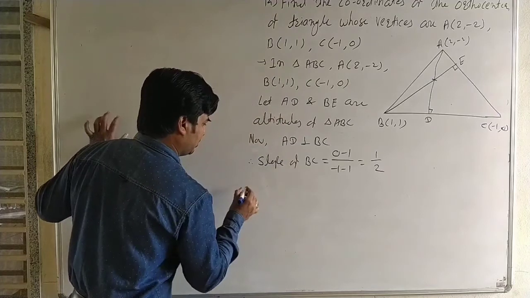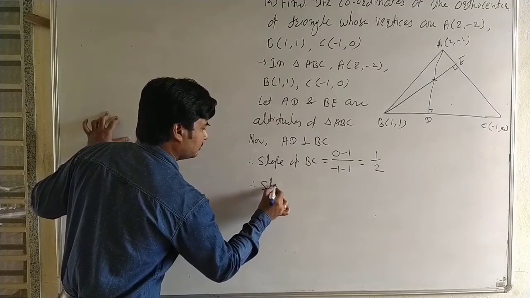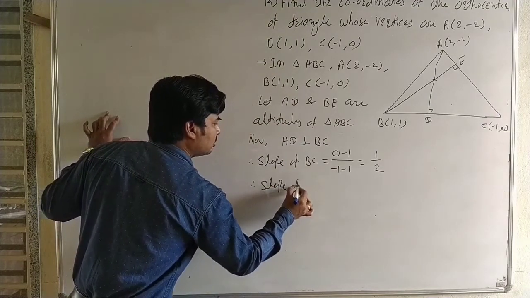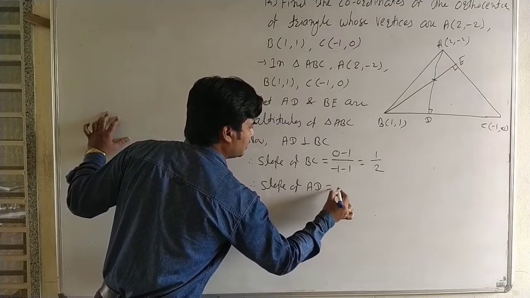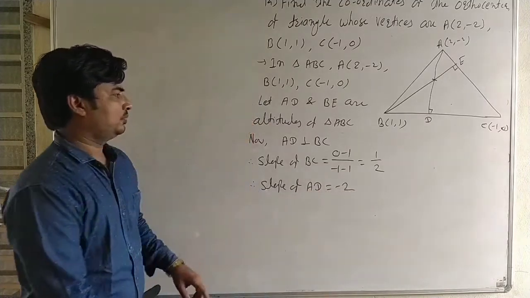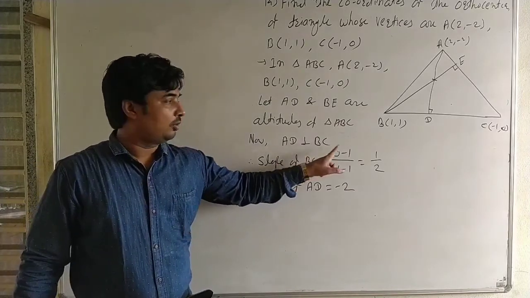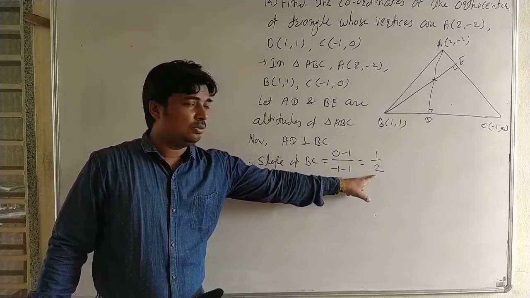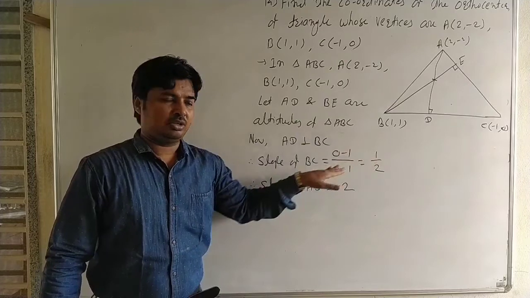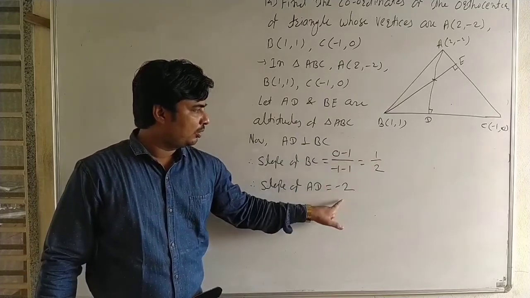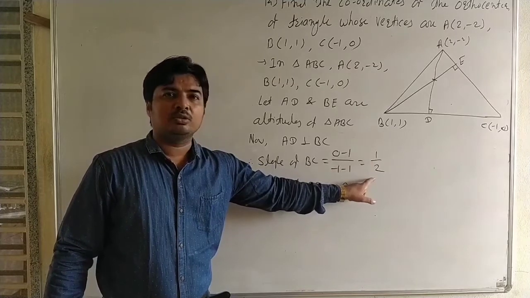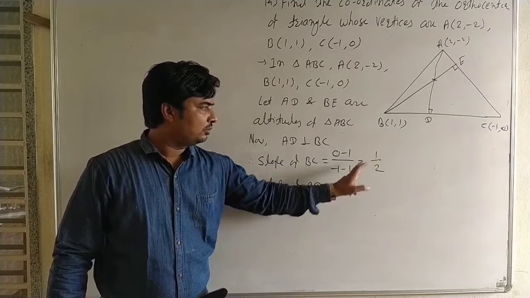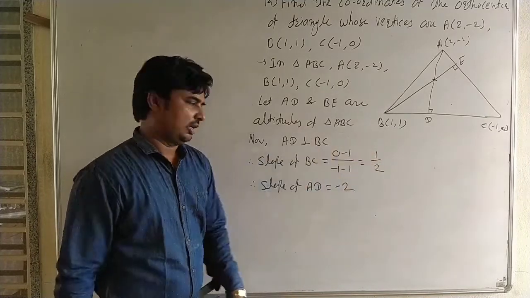Therefore the slope of AD is -2, because AD and BC are perpendicular: taking the reciprocal and changing the sign, the product of slopes is -2 into 1 by 2, which is -1.